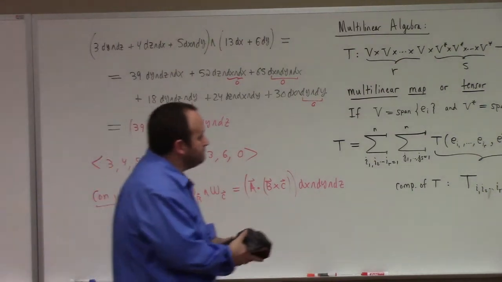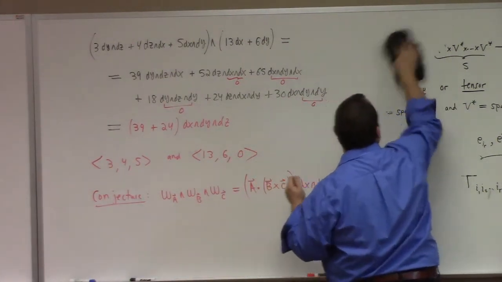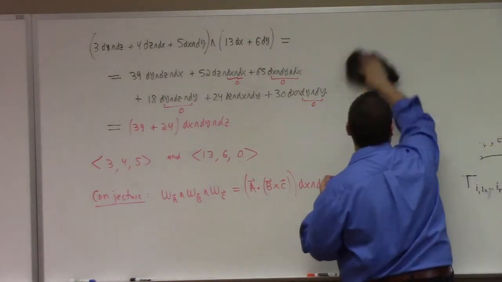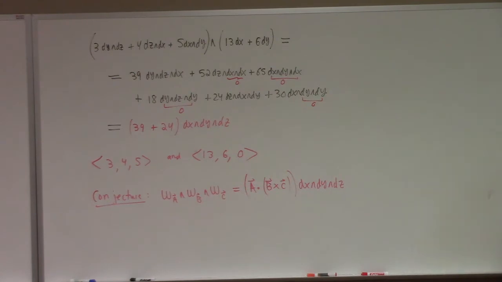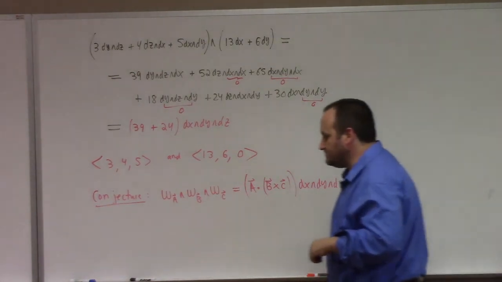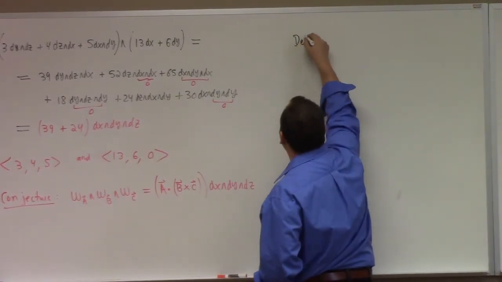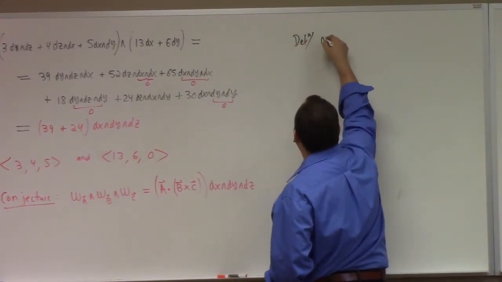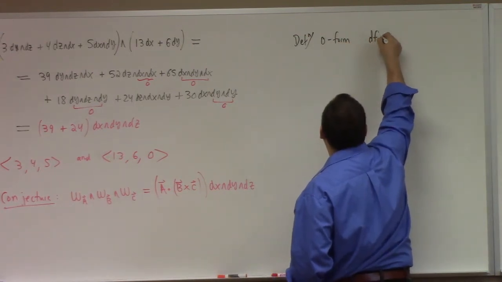That's not all. There's also calculus. So calculus here, you already know part of it. If I take a 0 form and I calculate df, what's that?